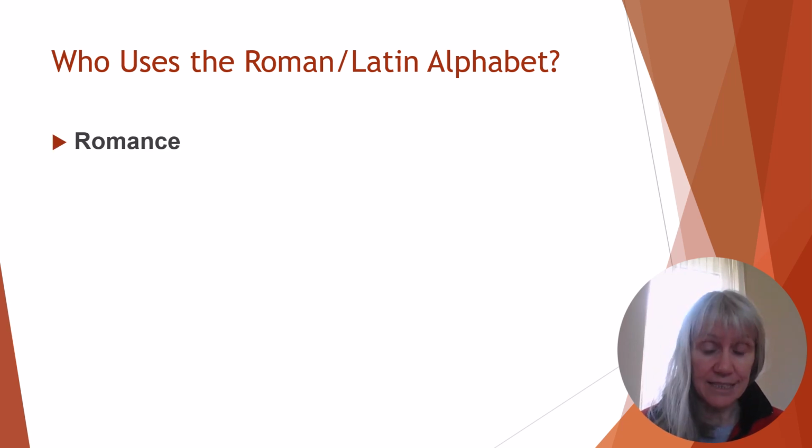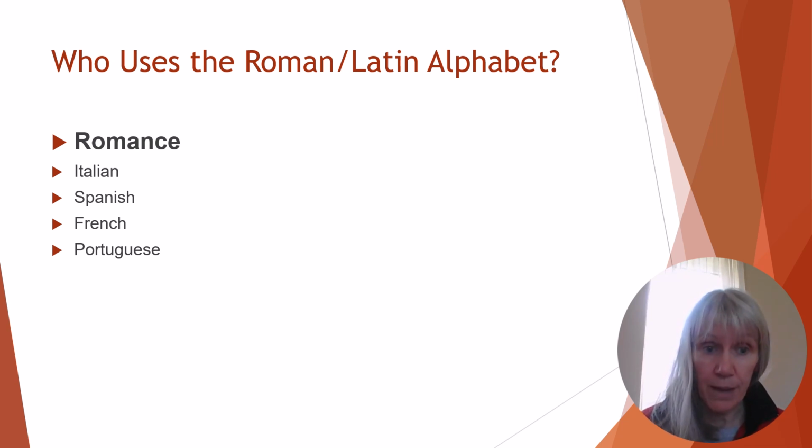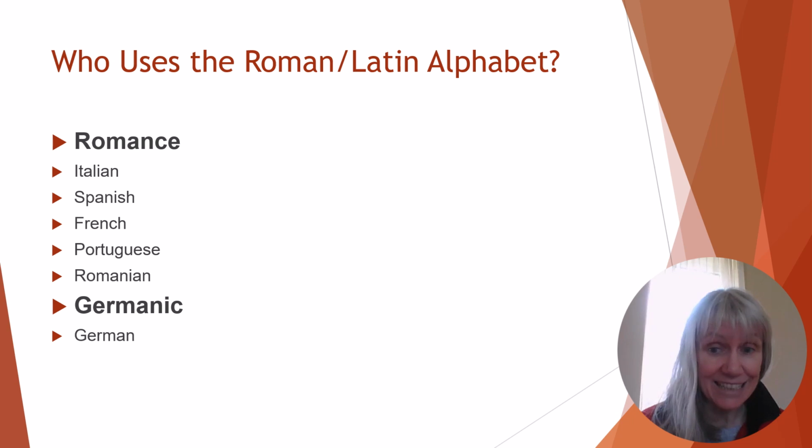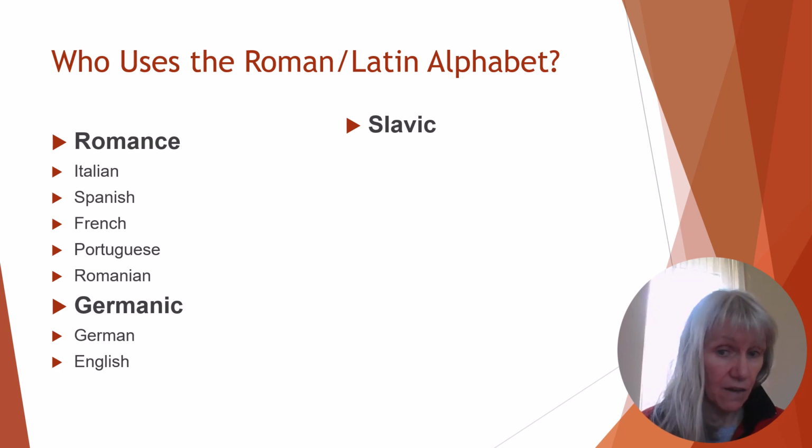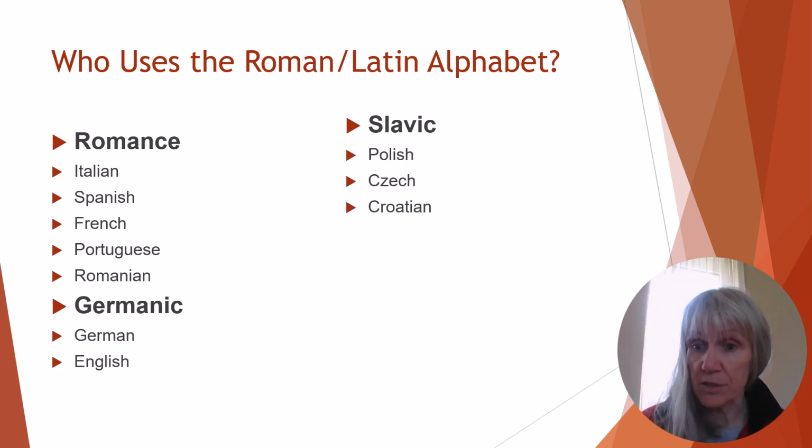Under the Romance languages, which include Italian, Spanish, French, and Portuguese, the use of the Roman Latin alphabet is much like the Germanic use of it, which includes English and German. It is also used by the Slavic tongues, and we see this in Poland, Czechoslovakia, and Croatia.